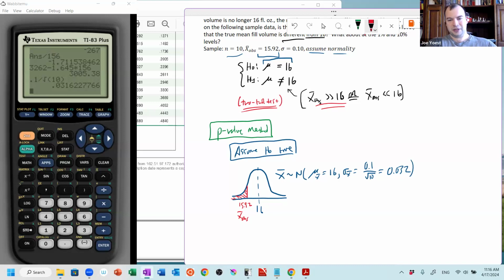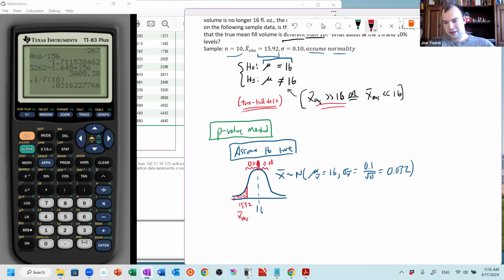So in other words, if I reject for 15.92, that's 0.08 to the left of 16, well, I would have also rejected if I had gotten an X bar observed that was 0.08 to the right of 16.